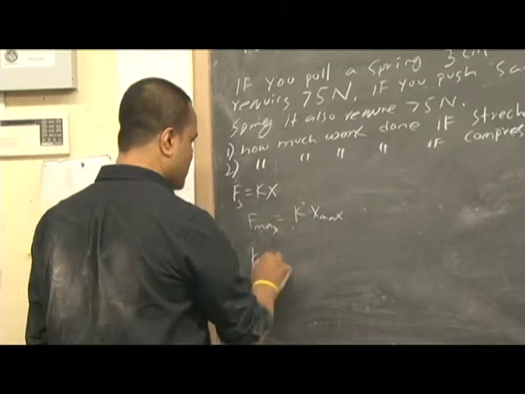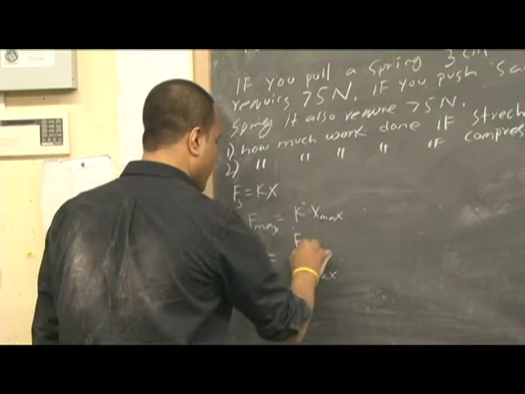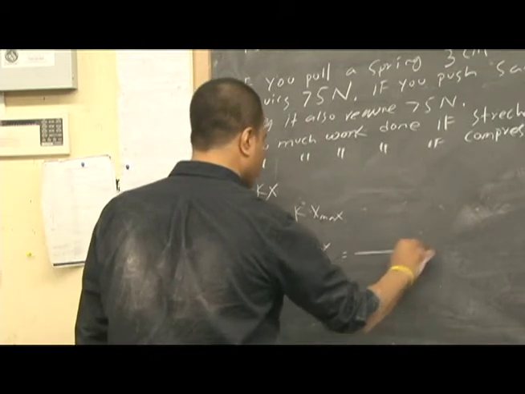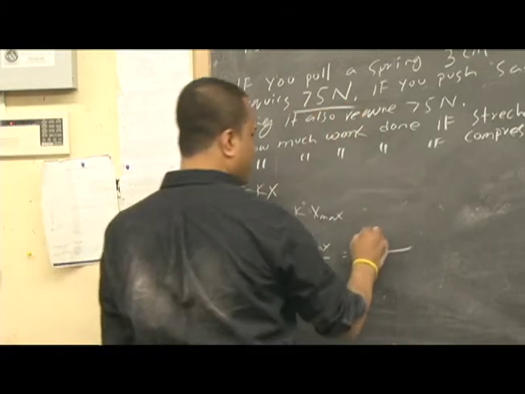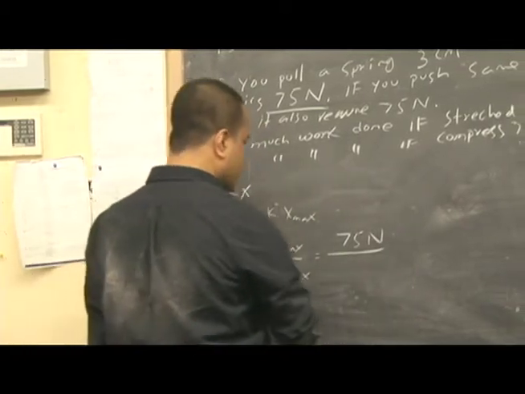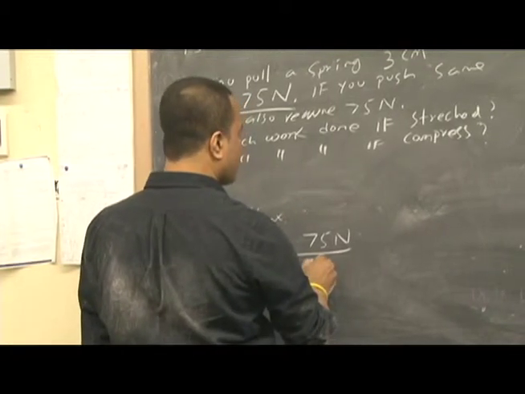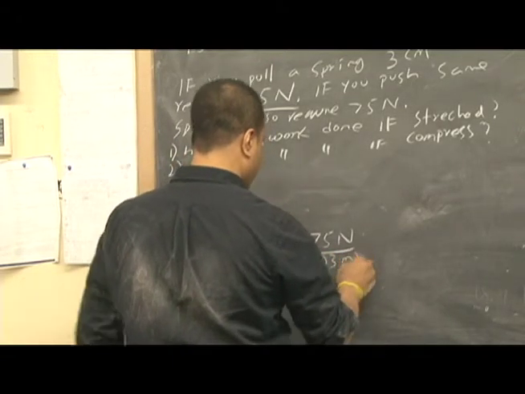In fact, we can use that to get the constant. So the constant is actually F max over x max. All right. So F max takes 75 Newton, and x max is 3 centimeters, which is 0.03, I guess, meter. All right.